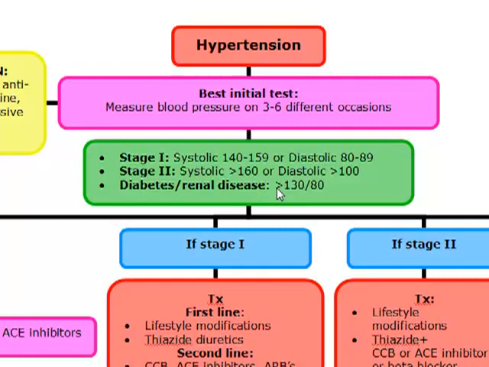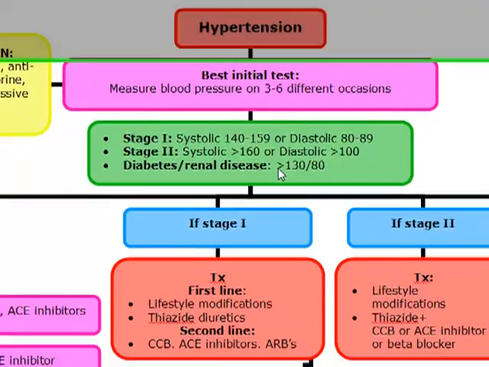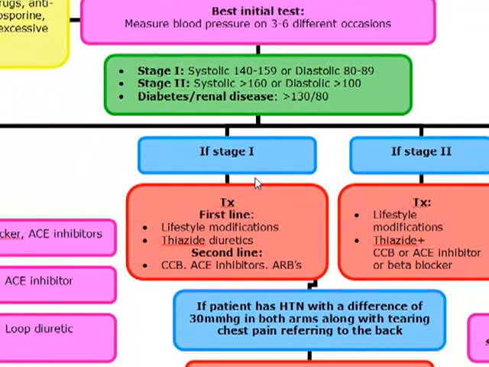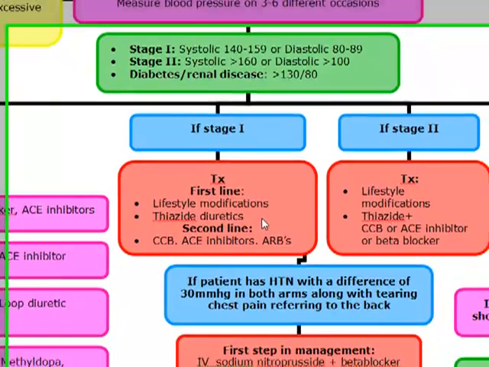Now that we know how to stage them, how to classify primary hypertension, we're not talking about secondary. What we want to do is manage these patients, okay? So in primary hypertension, if they're stage 1, the first line is always going to be therapeutic lifestyle changes. So what do I mean by this?